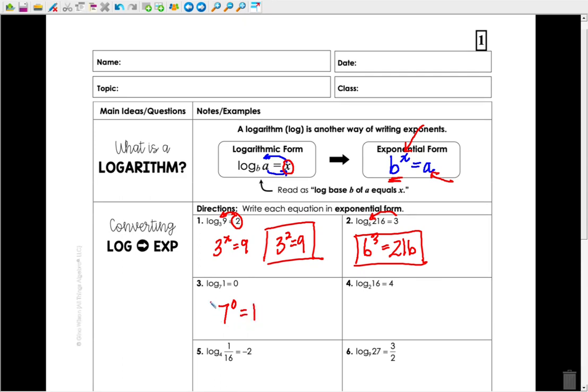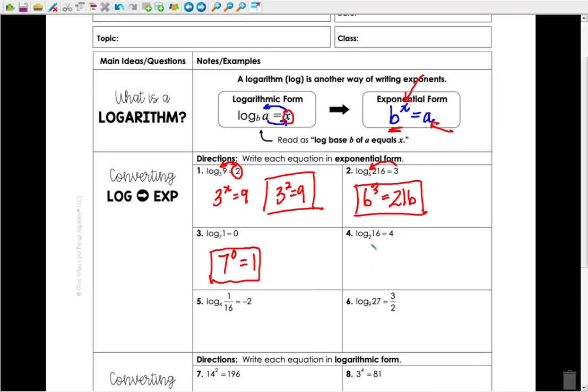All of these you can put in the calculator and check, and they all will be true. I'm sure by now you might get the hang of things. So this one here, we've got our base, log base 2, meaning that's going to be my large number, and the answer is the exponent, so that's 2 to the fourth power equals 16.